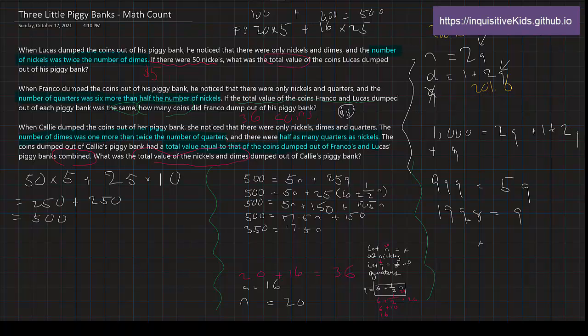So let's add that. Yeah, maybe you can't see that. Okay, I'll write it down here. 200.6 plus 201.6. That is, you do the standard algorithm. 402.2 as the answer. So the total value was $4.22.